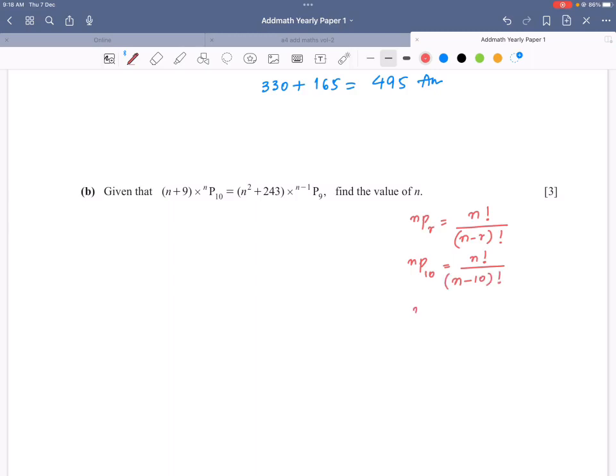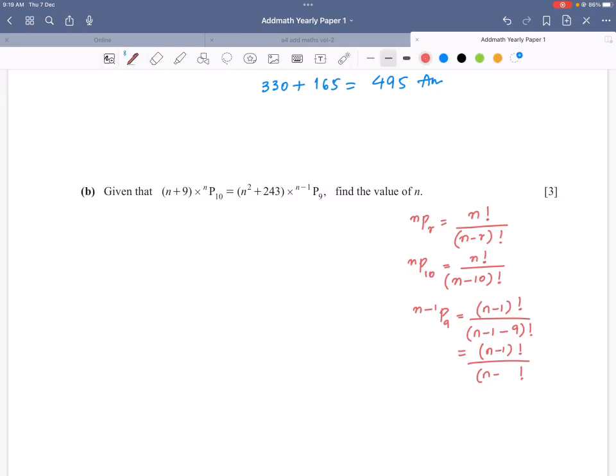For n minus 1 permutation 9, it will be n minus 1 factorial over n minus 1 minus 9 factorial. So we get n minus 1 factorial divided by n minus 10 factorial.